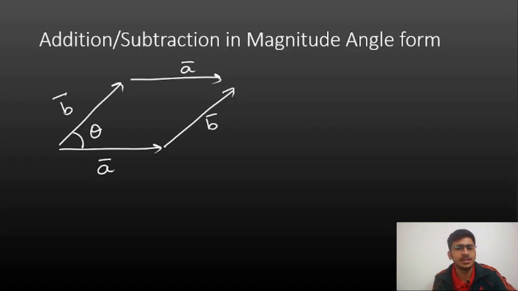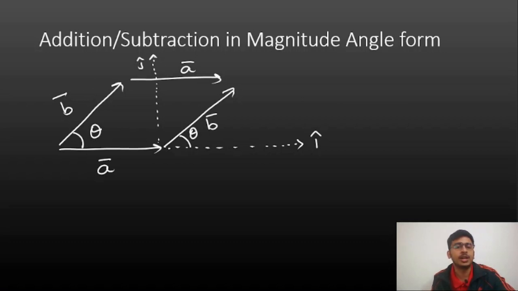I'll consider this to be my first basis vector, let's say this is I cap, and then perpendicular to I cap, let's say this direction, I'll represent it by j cap. So in this diagram, if this angle is theta, then this angle also has to be theta.